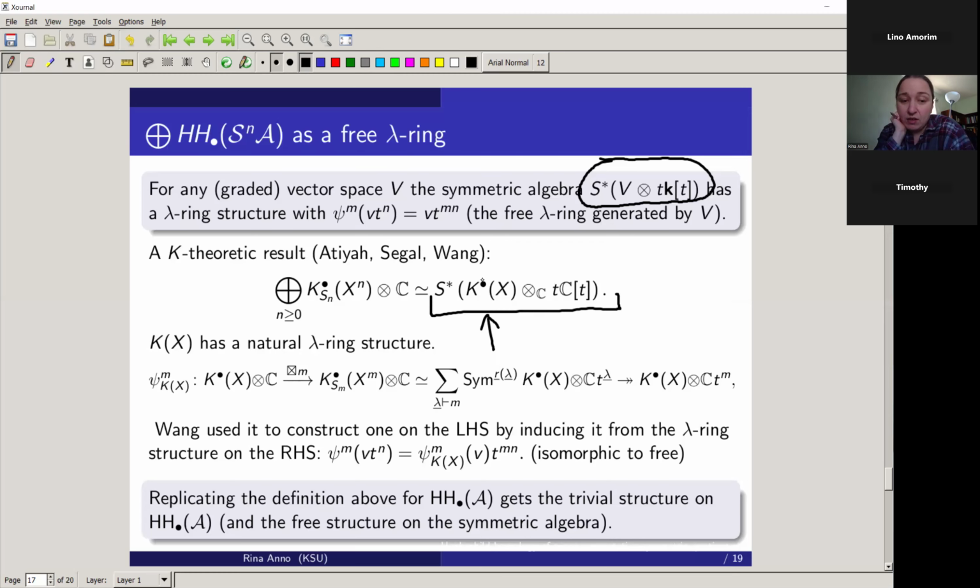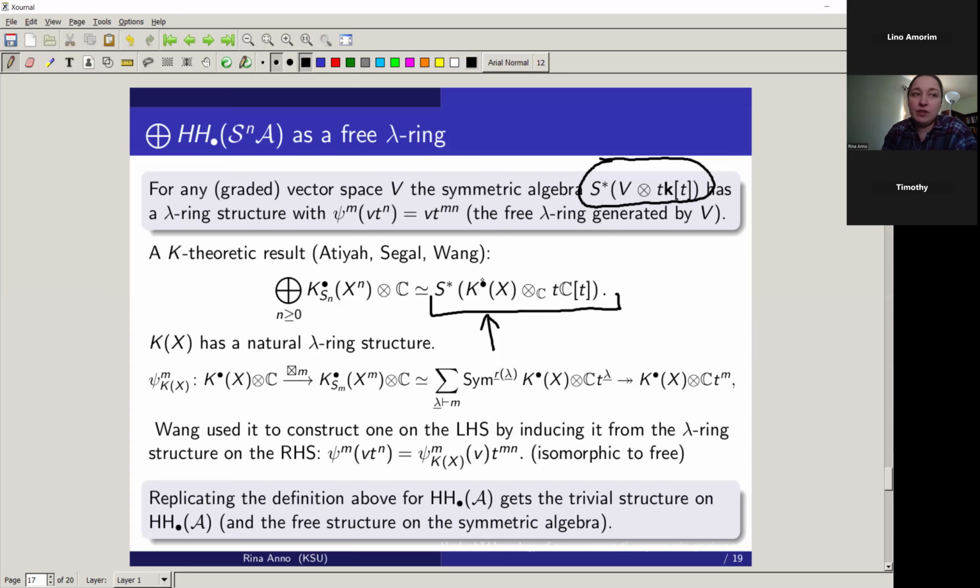And we can pull it to the left-hand side, to the total Hochschild homology of the direct sum of all S^n A, and get some lambda ring structure here.